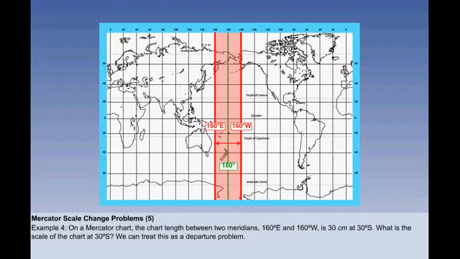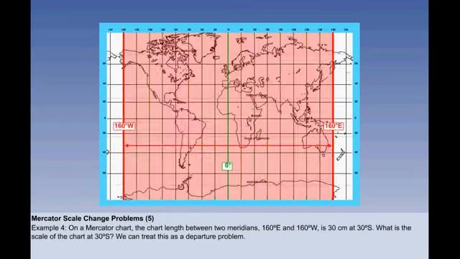Take the shorter departure between the two longitudes, in this case, the one crossing the Greenwich anti-meridian. In other words, the change of longitude is 40 degrees, not 320. Now substitute in what you know.